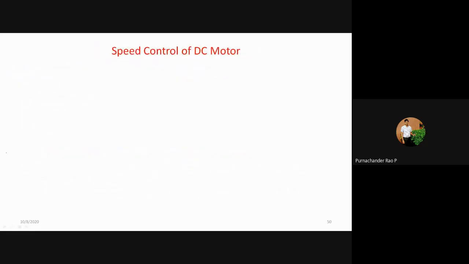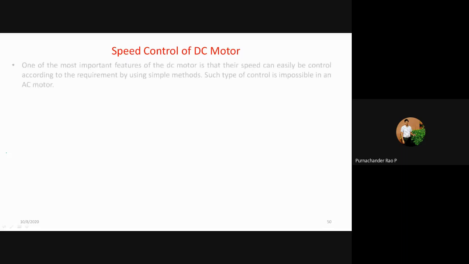Next, we will go through the speed control of DC motors. What do you mean by speed control? For any motor, speed control is a very important parameter.